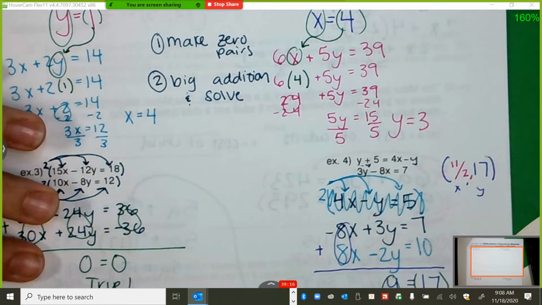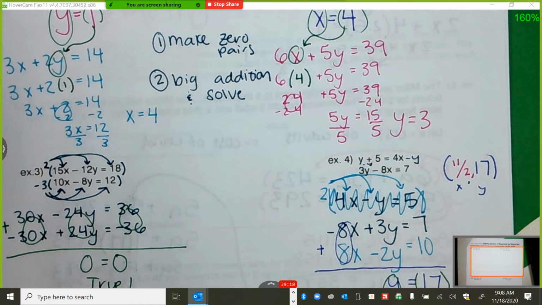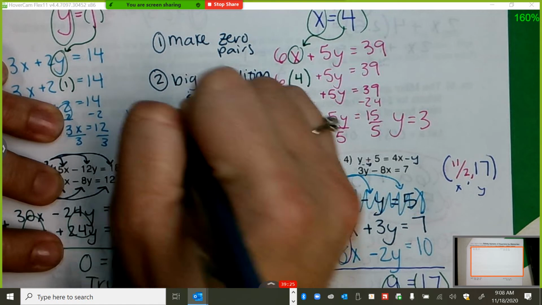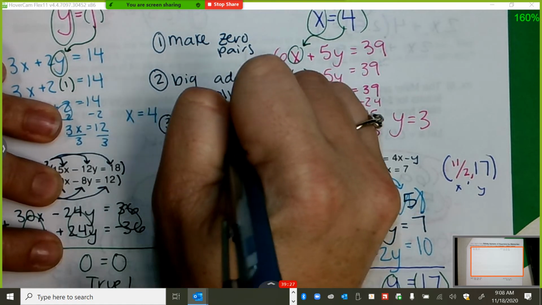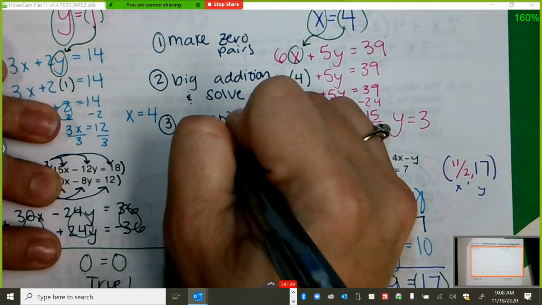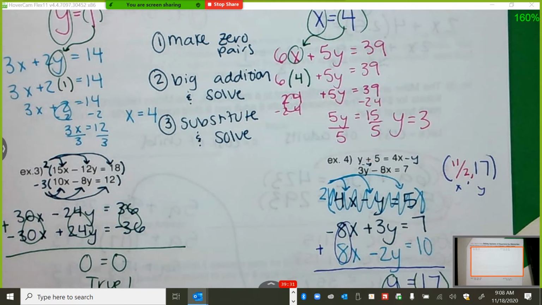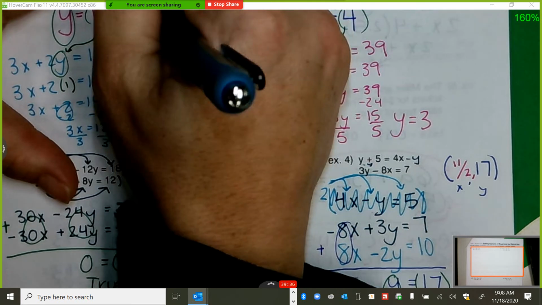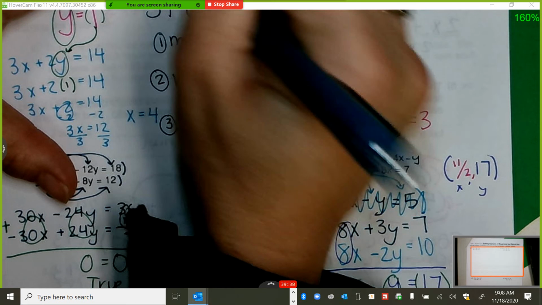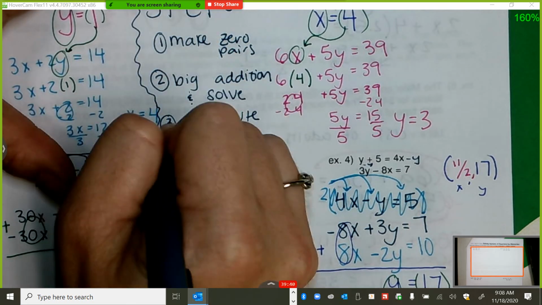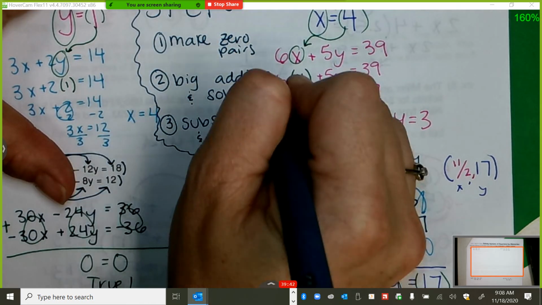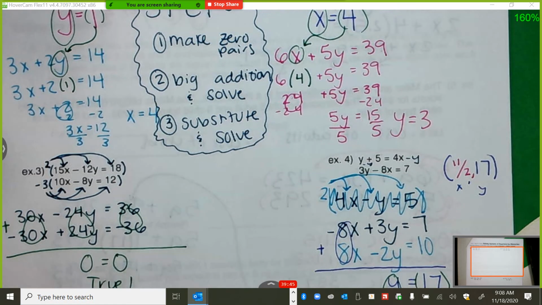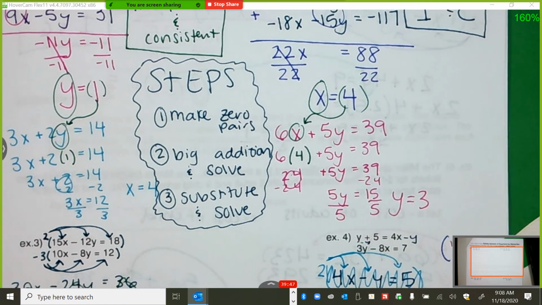That's kind of all one step. Big addition and solve. Okay, and then what was our last step? Substitute and solve again. Okay, any questions with that? Oop, might help if you can see what I wrote.